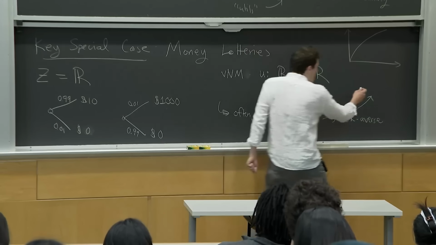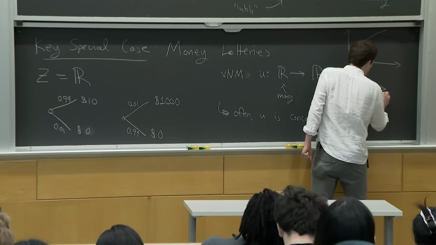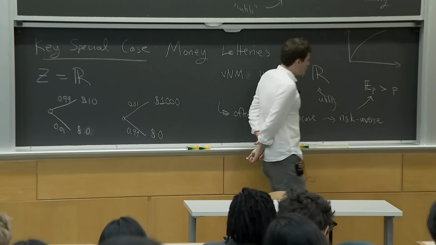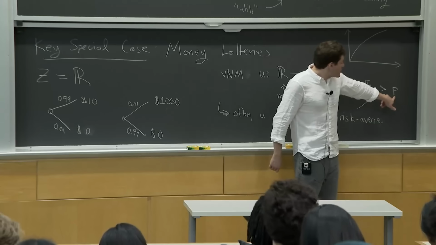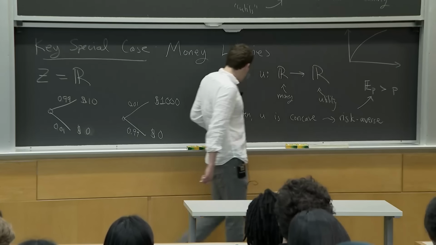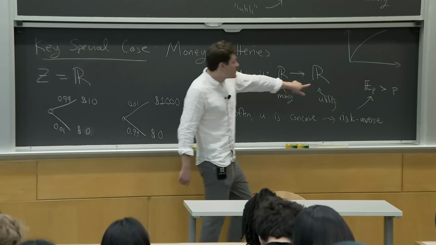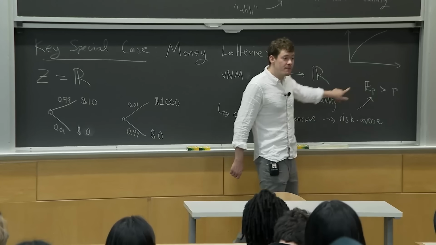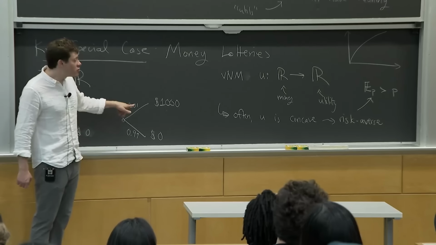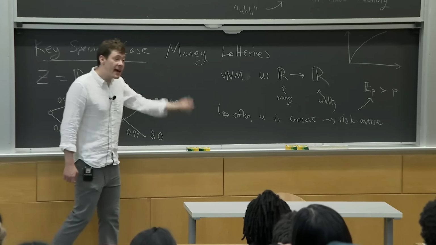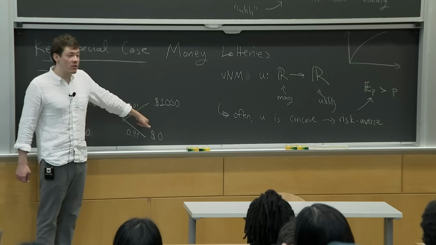So let me just write this mathematically and then explain it. Someone is risk-averse if, deciding between a lottery P, let's take this as an example, this is one lottery P, and another lottery that pays the expected value of P with certainty, in this case, that would be exactly $10, someone who's risk-averse would always prefer getting $10 for sure to getting a lottery whose expected monetary amount was $10.